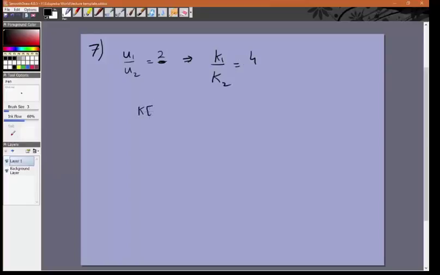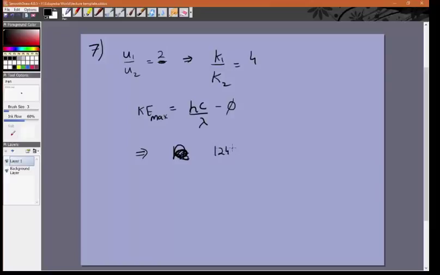But we know that the maximum kinetic energy by photoelectric effect is equal to hc by lambda minus the work function. And you have the same metal in both cases. So the equation you get is hc, which is 1240, it's given.